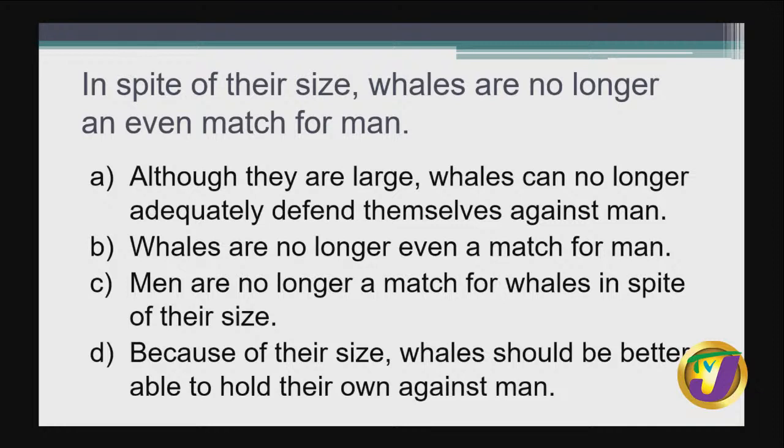Sounds interesting. Next one says, whales are no longer even a match for man. Sounds interesting. Men are no longer a match for whales in spite of their size. Because of their size, whales should be better able to hold their own against man.